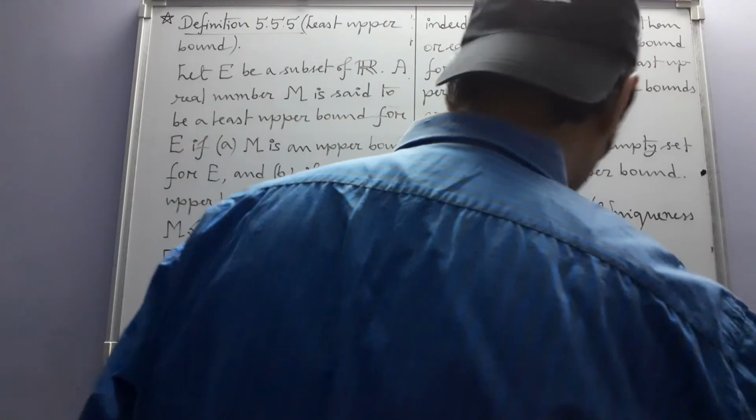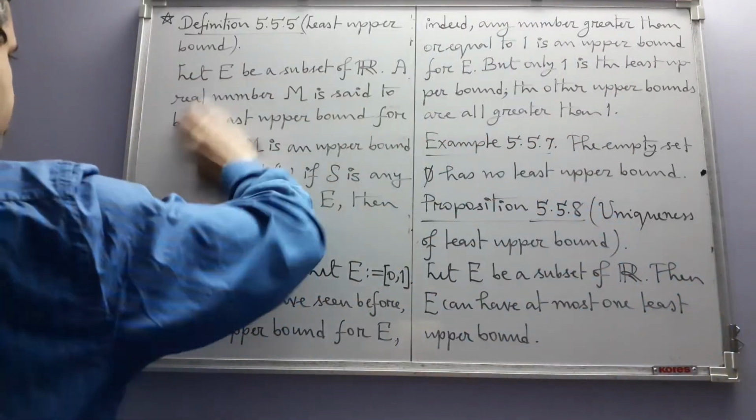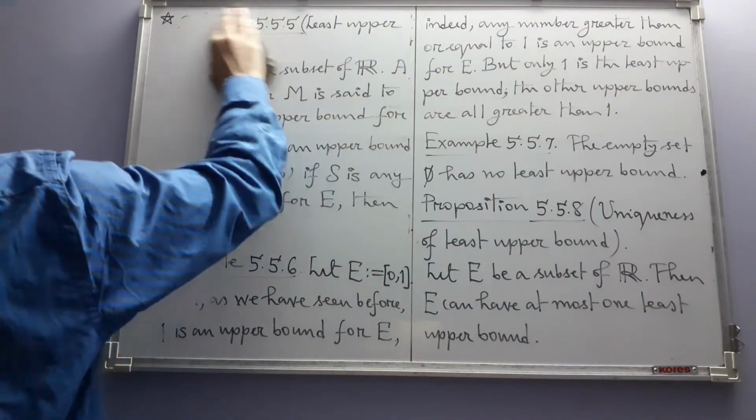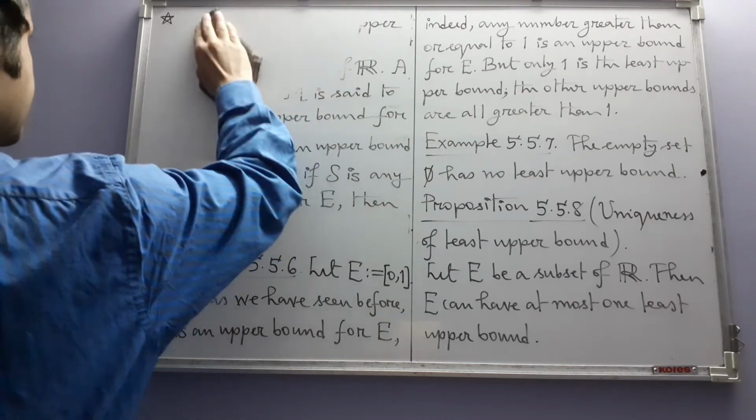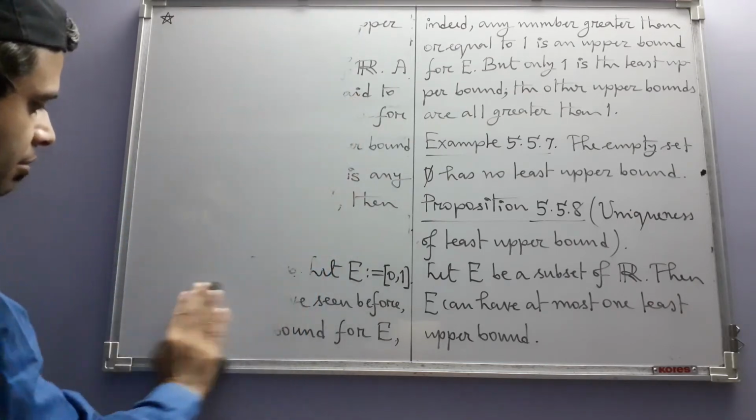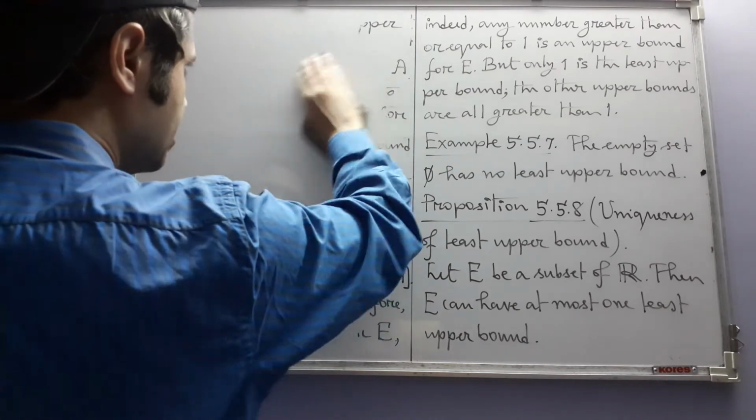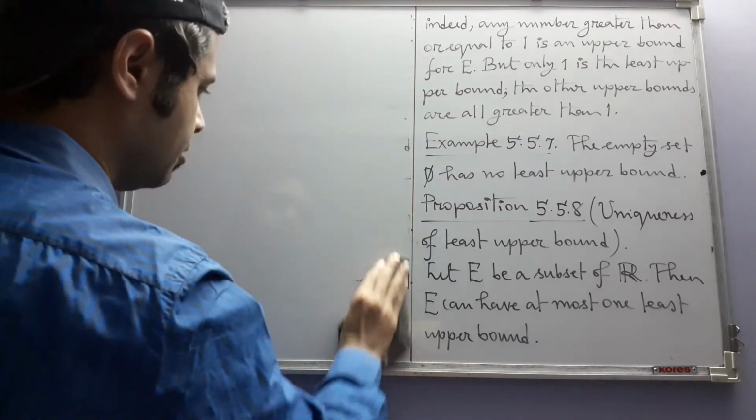The proof is quite easy. We will assume that there are two least upper bounds, and we will argue that they in fact have to be equal.